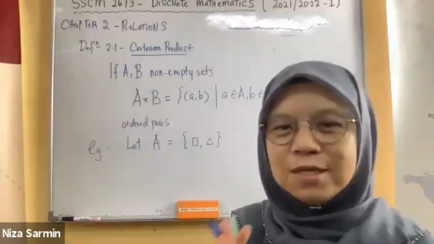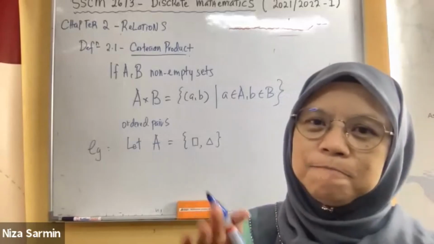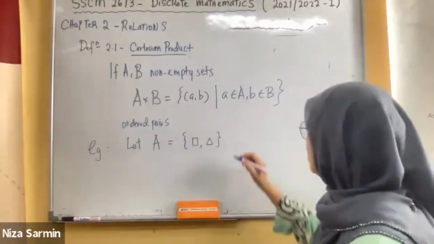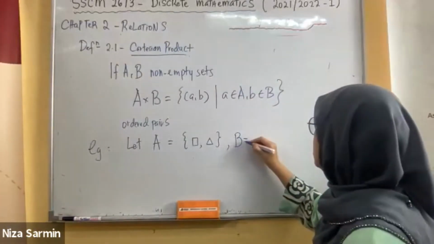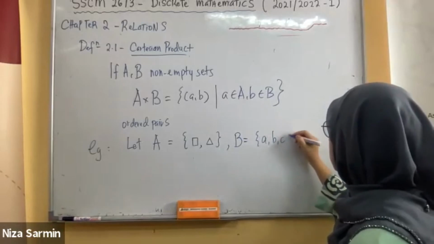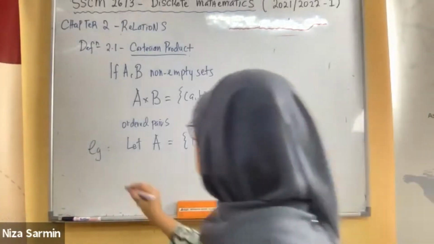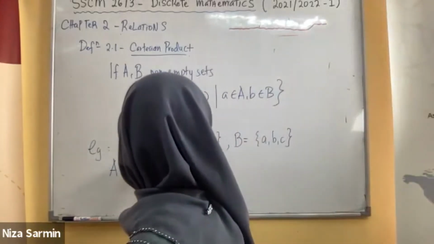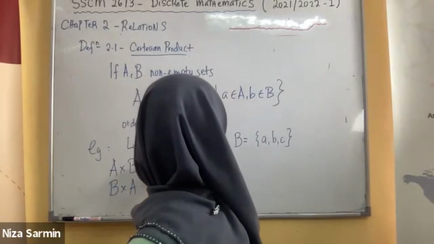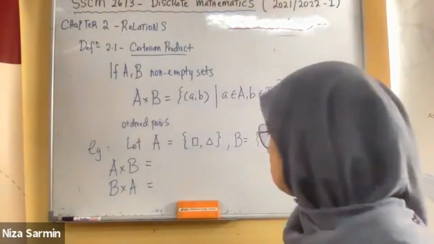It's a set because it's a collection of, I would say, shapes, right? The shapes. Okay. B, maybe I go A, B, C. Okay, can you list what is A cross B and what is B cross A?